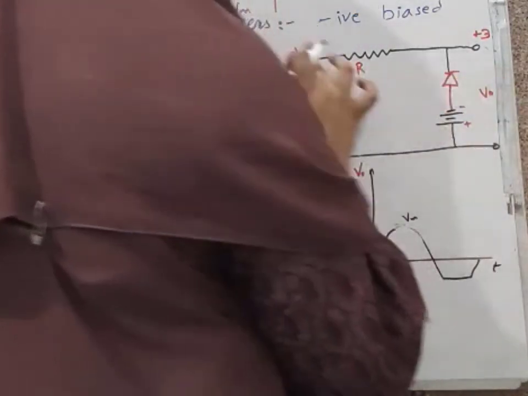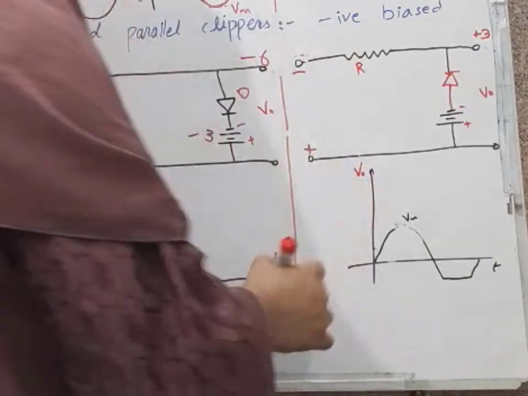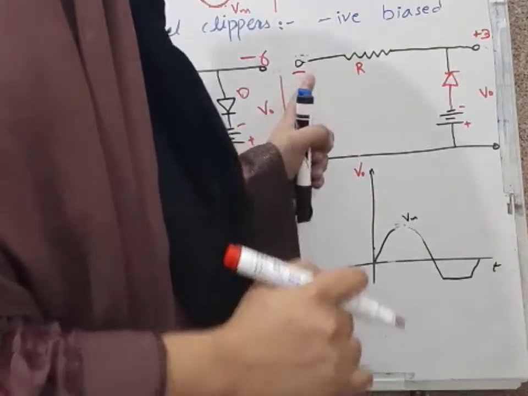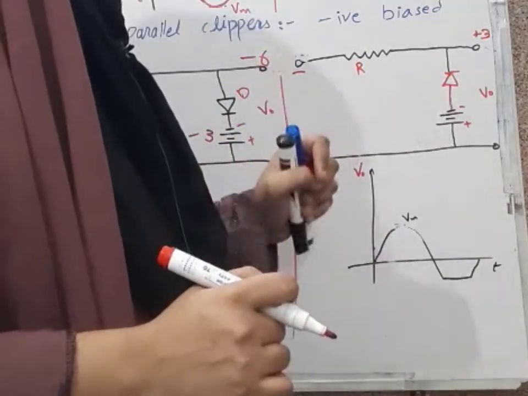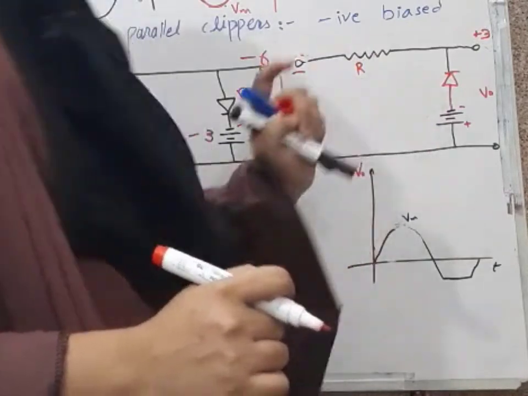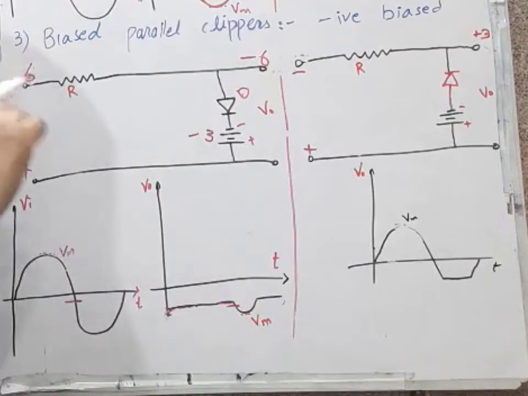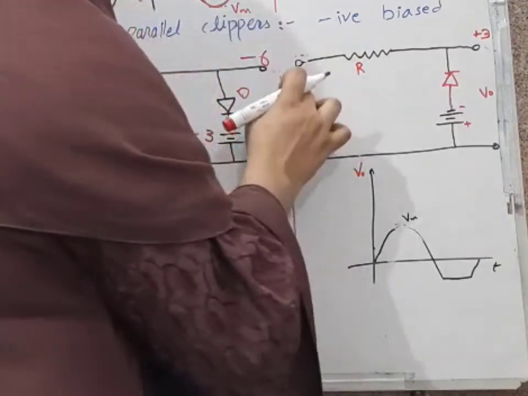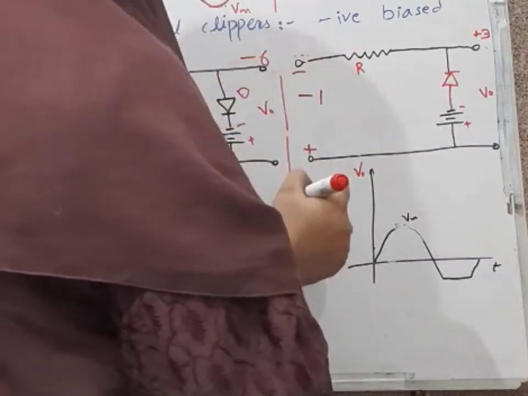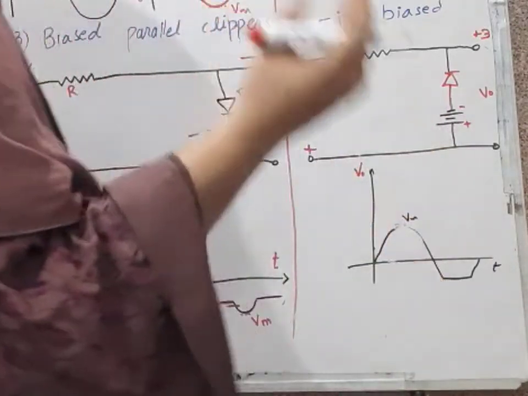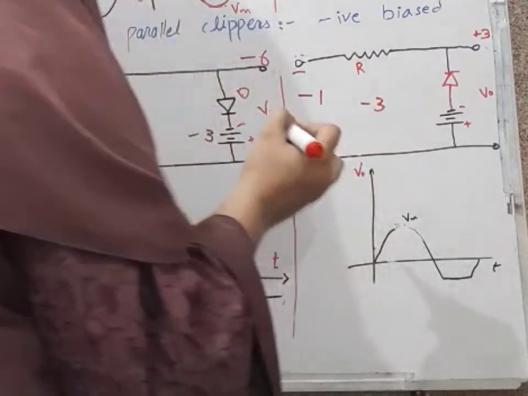Now for the negative half cycle, when there is negative and there is positive, it is trying to make it forward biased, and it is trying to make it reverse biased. Now we have to judge who is winning. It is trying to make it forward biased with -1 potential, and it is trying to make it reverse biased with -3 potential.